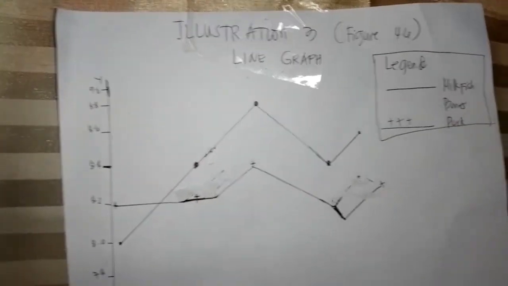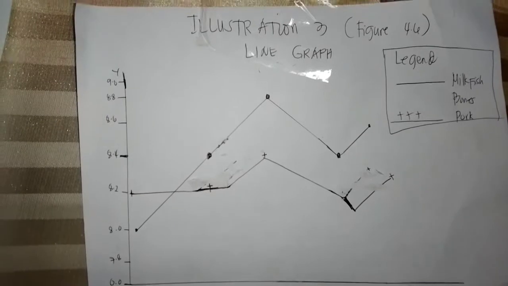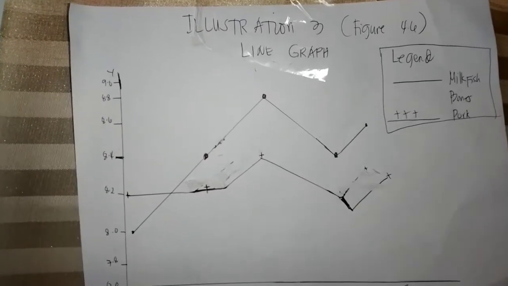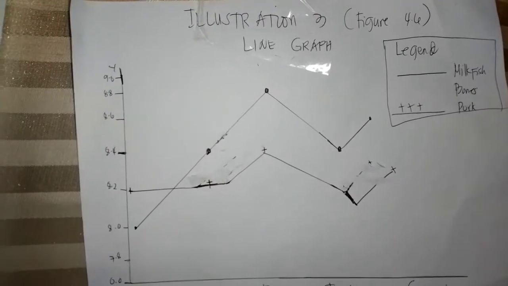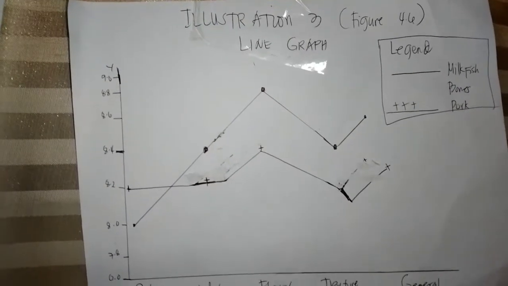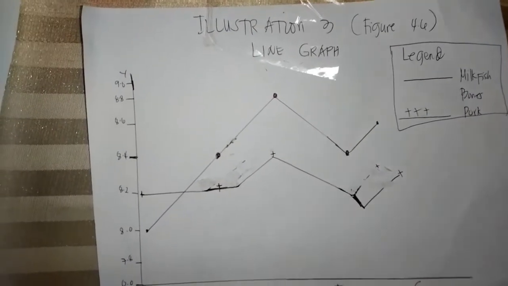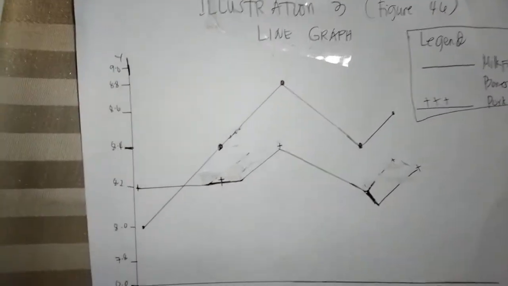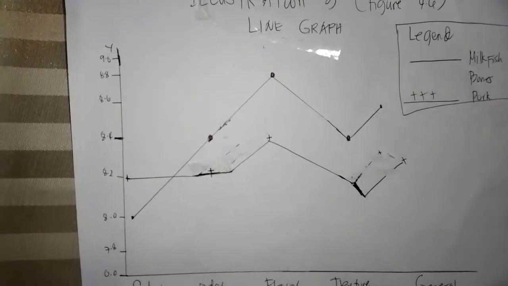So, let's take a look at the given line graph. This information is very important as it helps you to understand what's going on in the graph. So please bear with me. Now we can take a closer look at the graph.